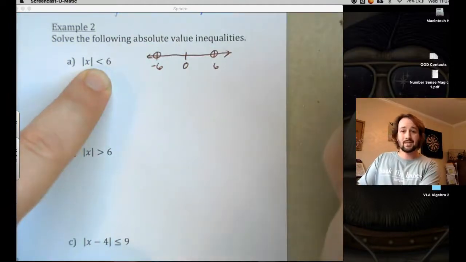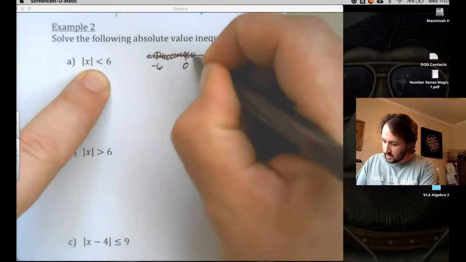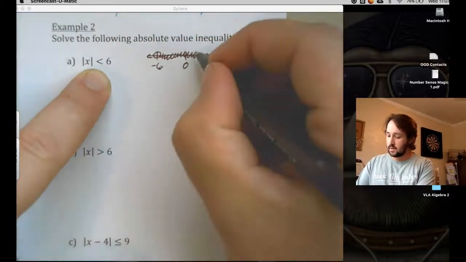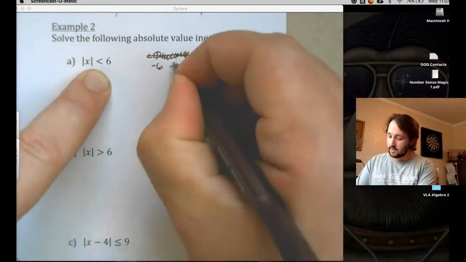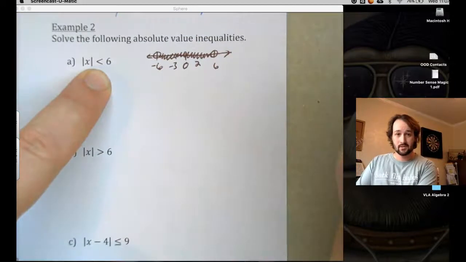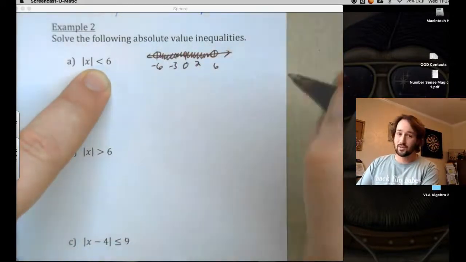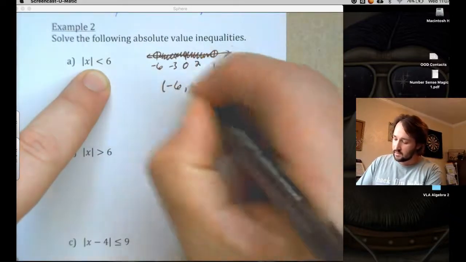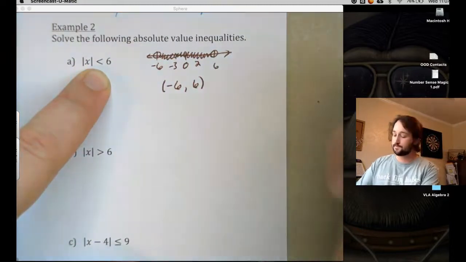And the distance has to be less than 6, so I need to be somewhere less than 6 units away. If I were at 2, 2 is less than 6. If I were at negative 3, that is less than 6 units away. So I'm going to be somewhere in the middle of those. My solution for this one is going to be everything from negative 6 to 6. That's how we will write our solution.